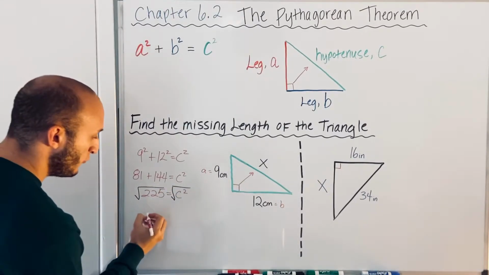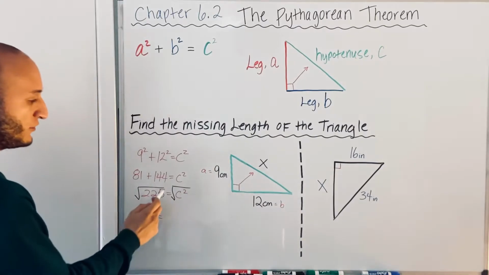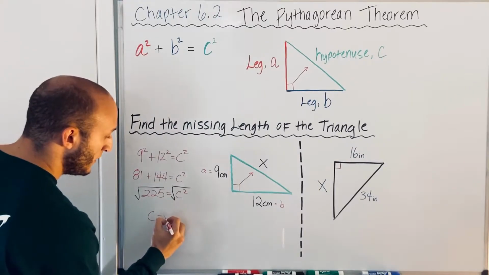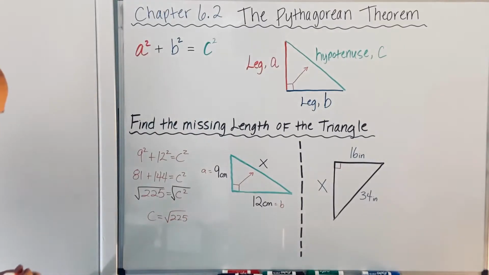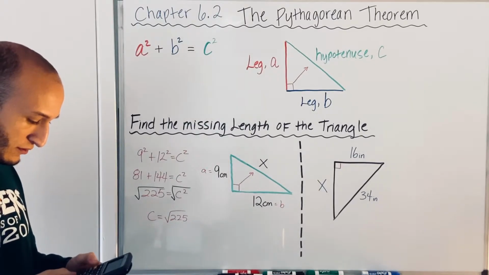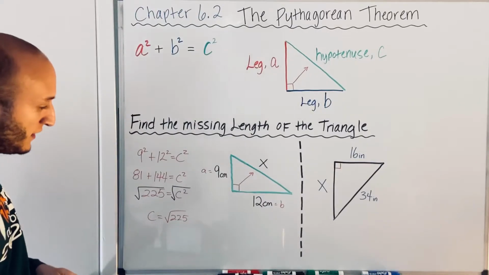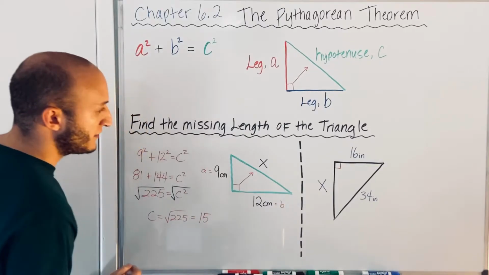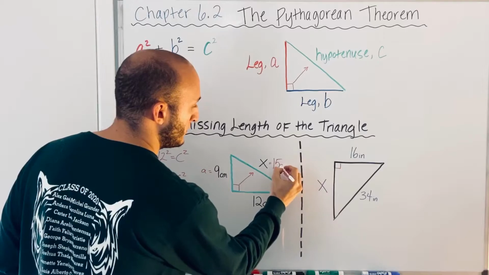The square root of C squared is C, and the square root of 225, we have to see if that is a perfect square. And it is. It's 15. So x equals 15 centimeters.